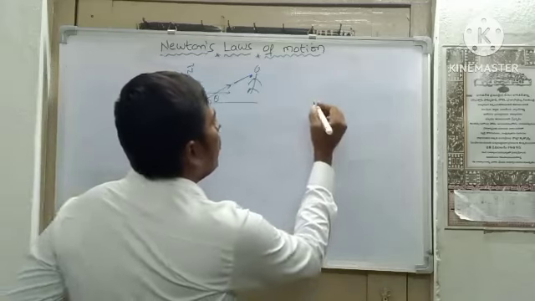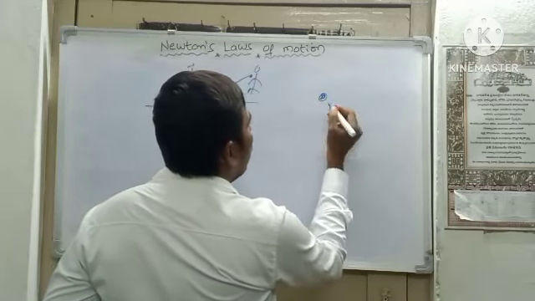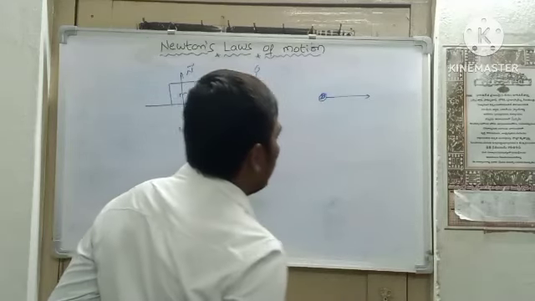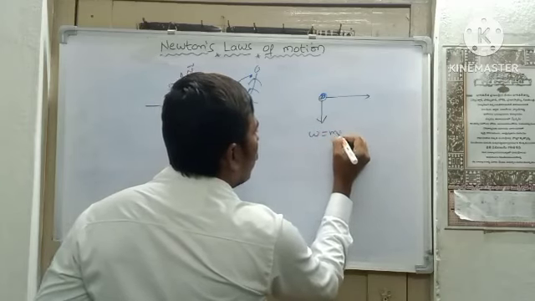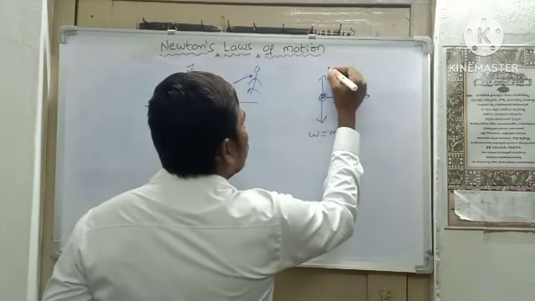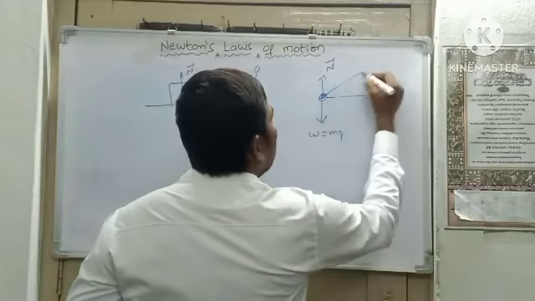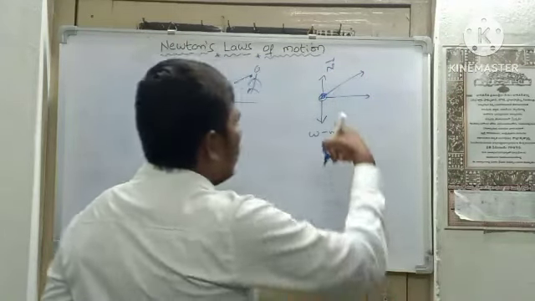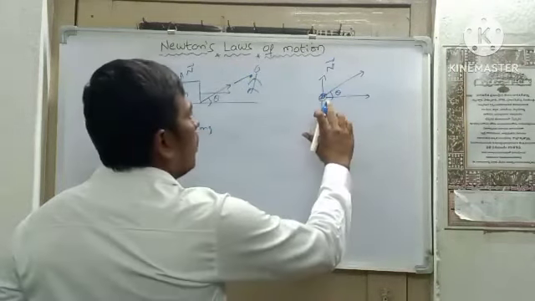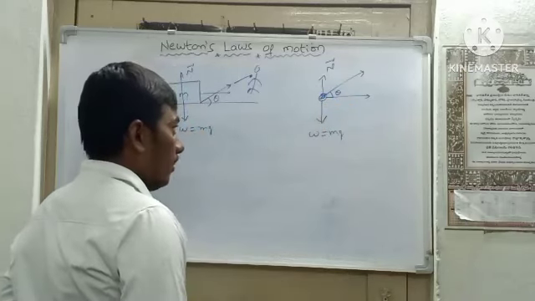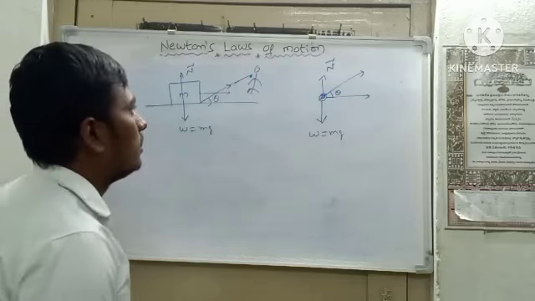Here the mass m is on the table, which is moving like this, and weight or gravitational force W equal mg downwards, and contact force N is upward, and tension T is applied, and the string making an angle theta with respect to the table.